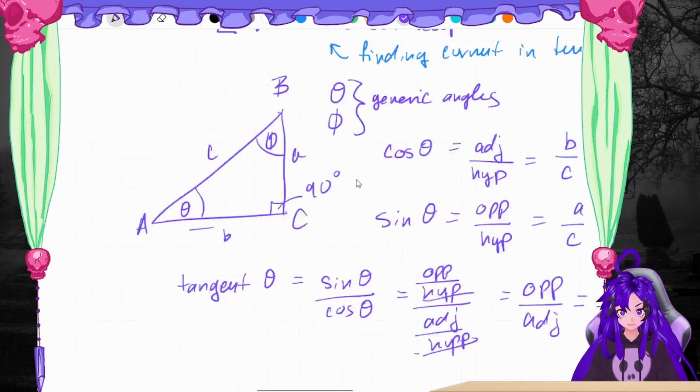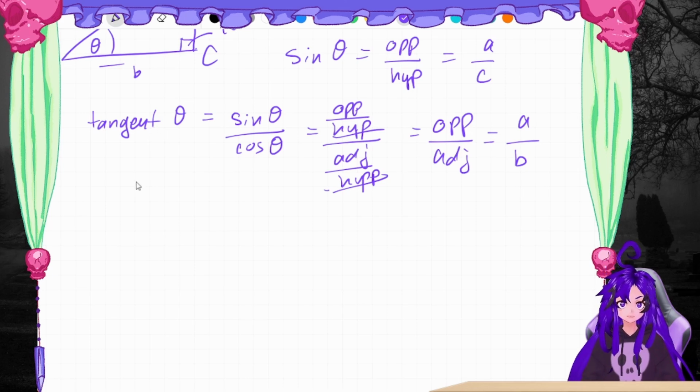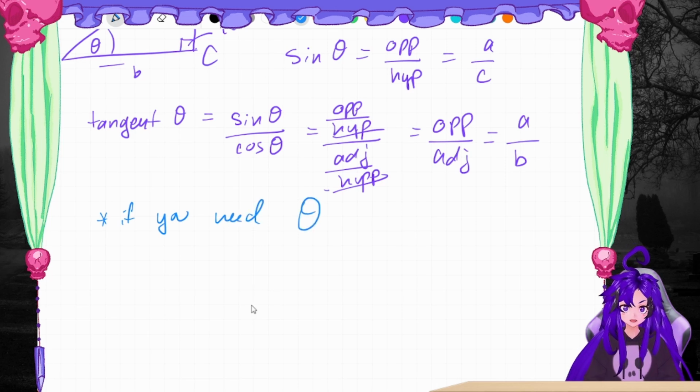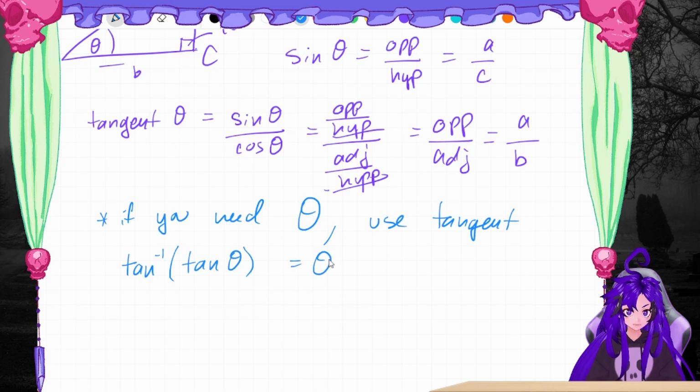And this matters because if you need to get an angle, if you need theta, use tangent. So specifically you need to take the arctangent: the arctangent of tangent theta equals theta.